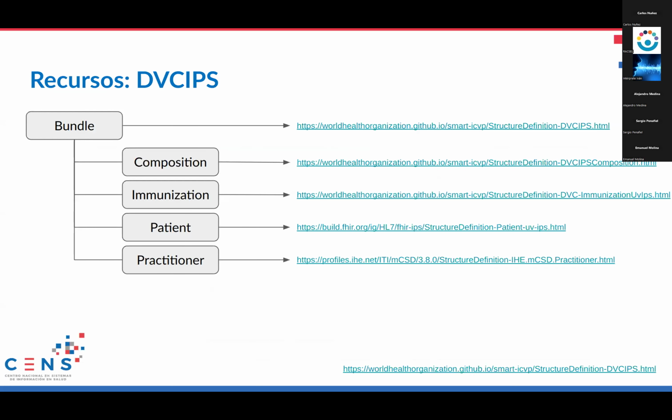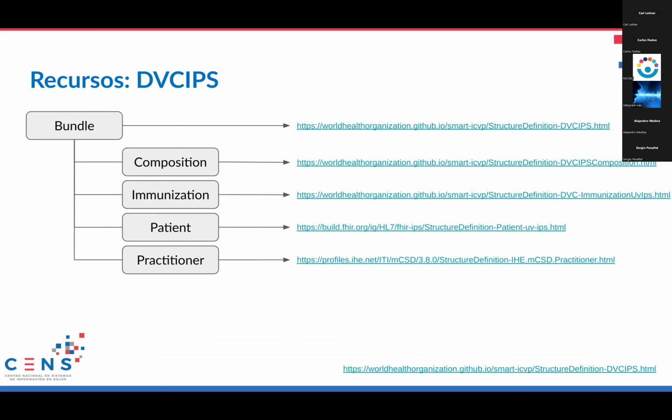of these elements nonetheless. The DVC IPS is a bundle document type which is based on IPS, and therefore you will see the same common elements: composition, immunization, the patient data, and practitioner data. There you have the links.